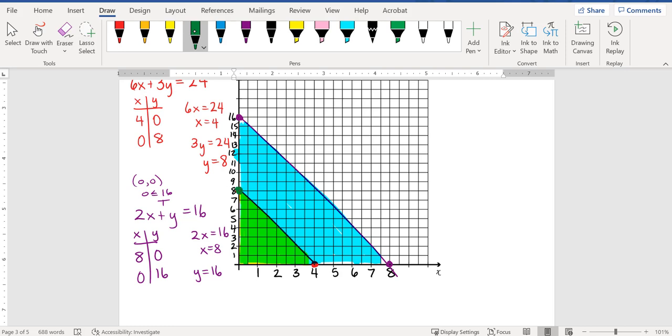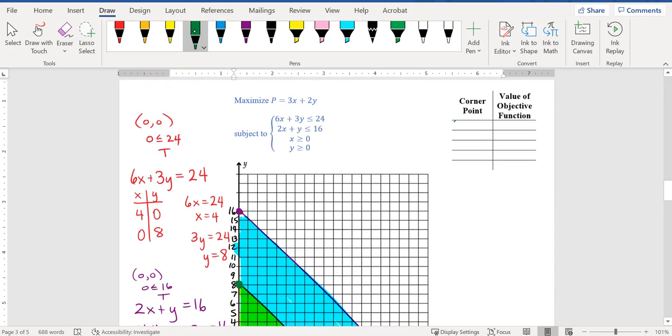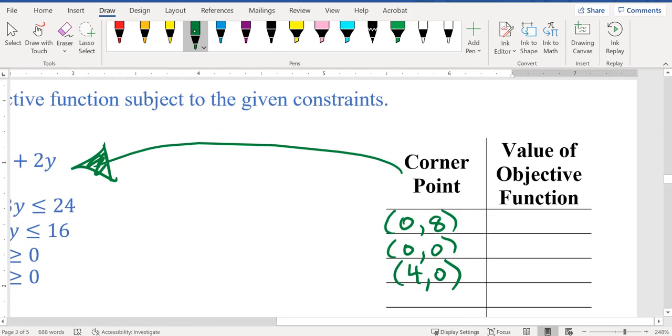I'm going to do those in green here. It's going to be 0, 8, 0, 0, and 4, 0. Let's go list those as my corner points. Corner points are 0, 8, 0, 0, and 4, 0. Now I'm going to plug those corner points into my objective function, 3x plus 2y.